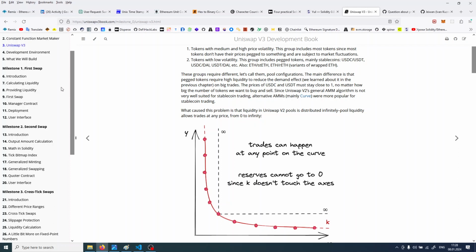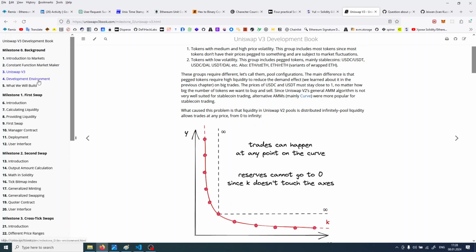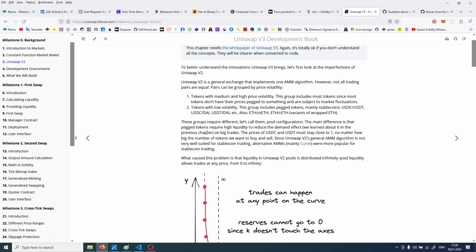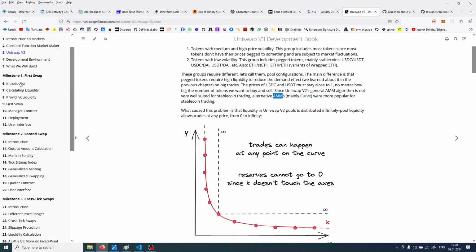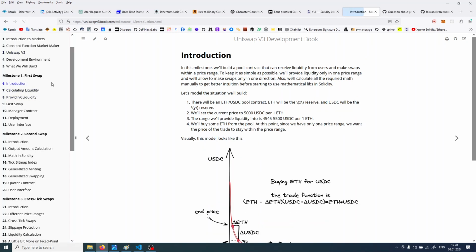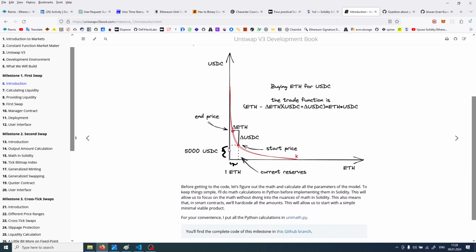First of all, you need to understand Uniswap v2. It's not so difficult. You must understand the automatic market maker formula, x times y equals k constant, and you must read this milestone and see these pictures, these beautiful graphics.